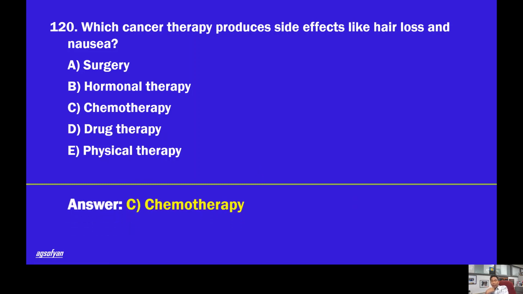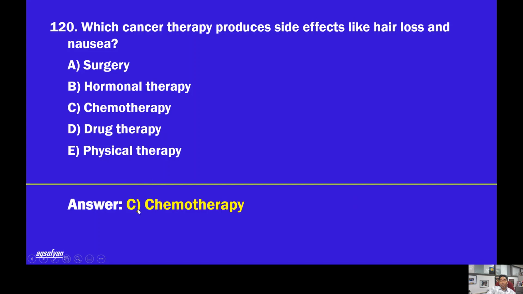So chemotherapy is actually therapy with chemicals that destroy cells that divide very fast. Tumor or cancer cells are cells that divide very fast. They will be controlled by this chemotherapy.